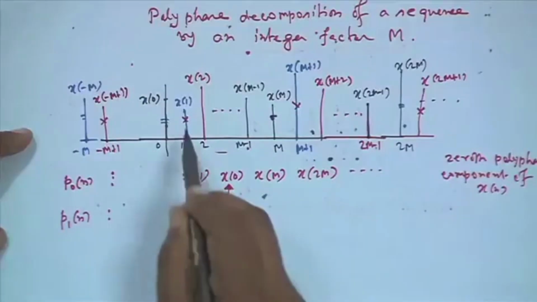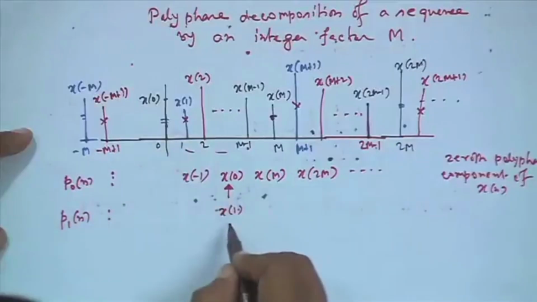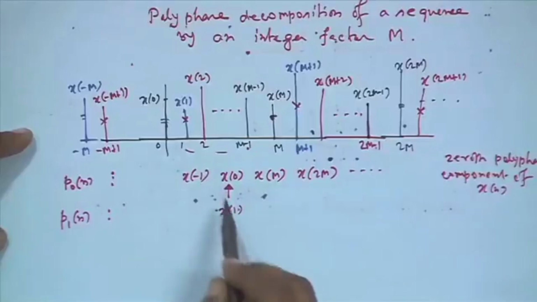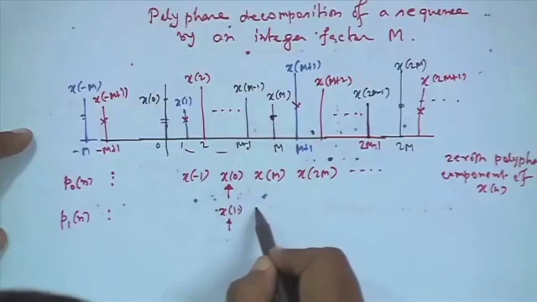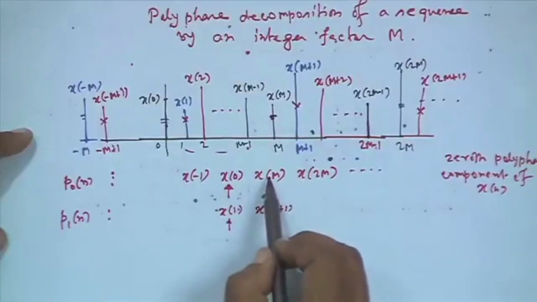Even though x 1 is sample number 1, here this is my origin, the 0th sample. So, I am constructing a subsequence P1n where x 1 will be the 0th sample. Then x m plus 1 will be sample number 1, like it was before.